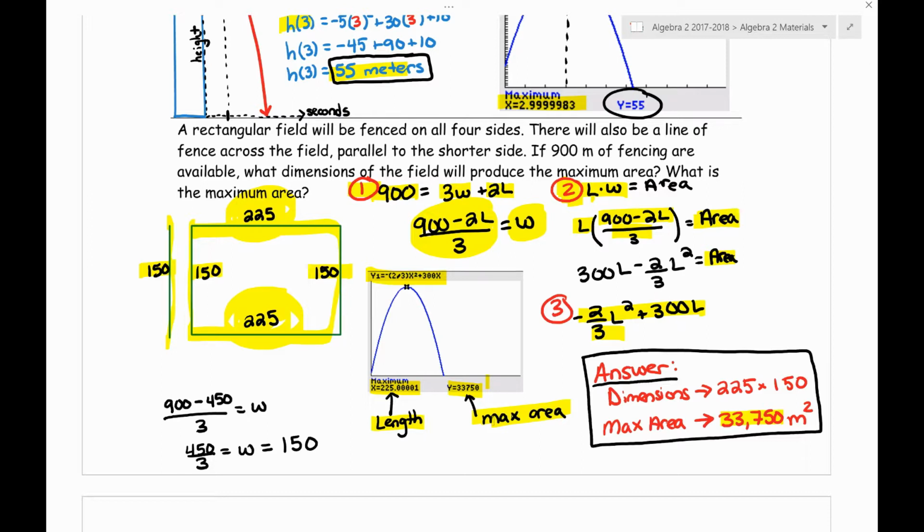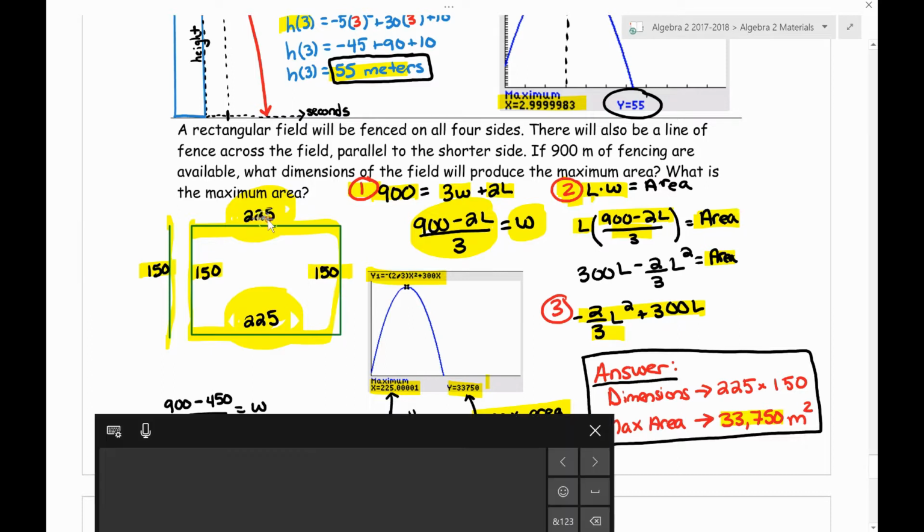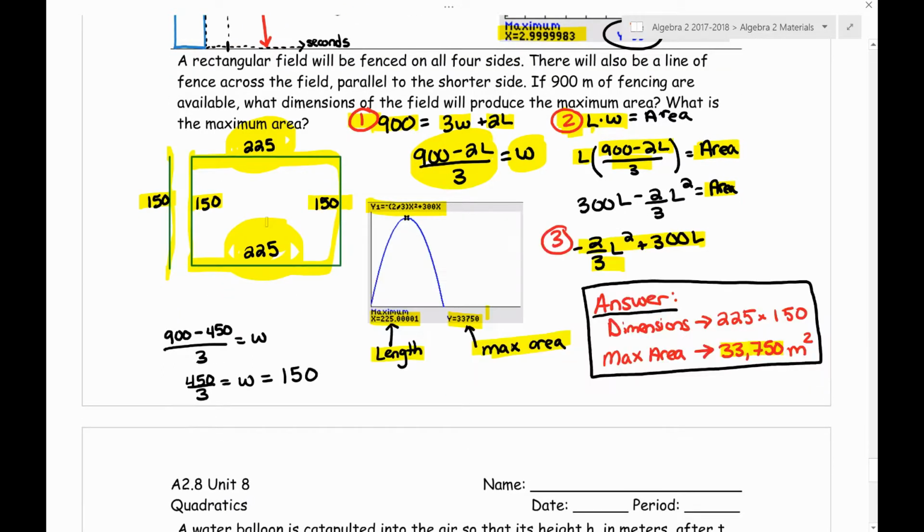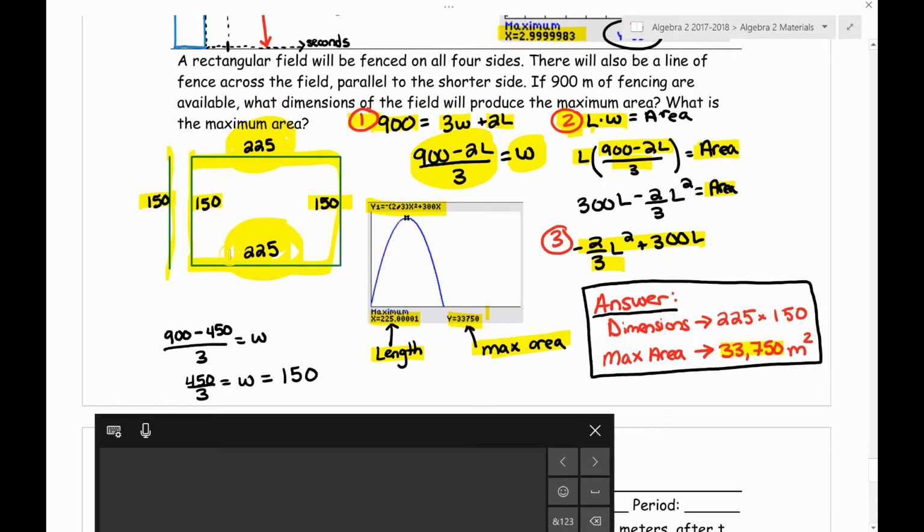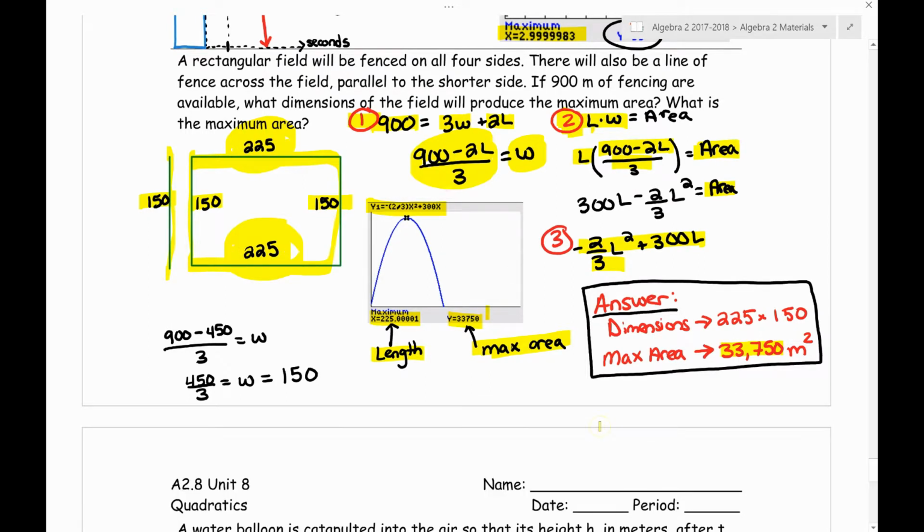Now, how did I find out what the remaining width was going to be? Well, all I did was I substituted in the length here. So the length 225 and this length of 225, you add them together, you get 450. You take that away from the total perimeter and divide it by the 3 widths that you have. You have 1, 2, and 3.